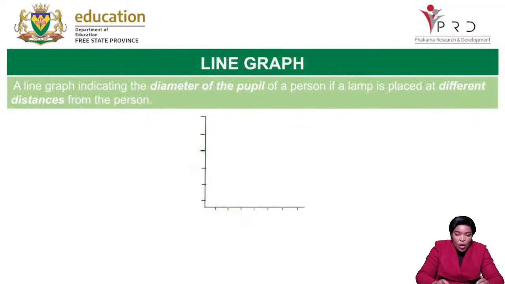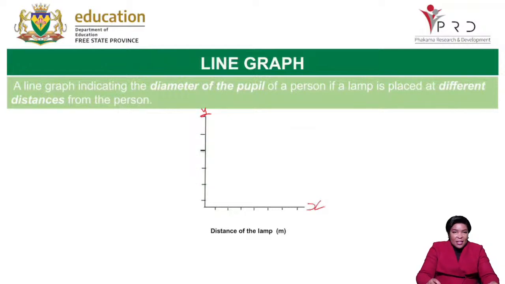Then you draw your set of axes there. This is your x-axis. This is your y-axis. So where do you put what? Then you must decide. The distance from the lamp is your independent variable, as we said from the previous table.